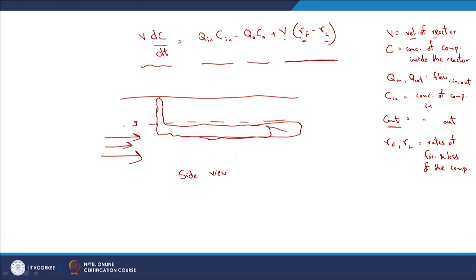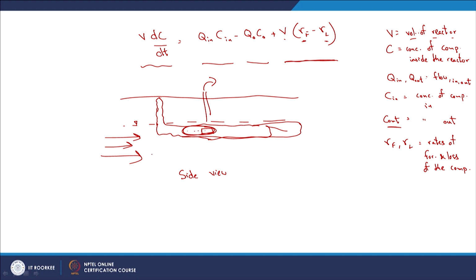Here, when I look at my particular system, let us say there is a well here that is drawing water out, okay. I am concerned with a particular control volume. As you can see, the concentration changes from one point inside the relevant reactor to the other.